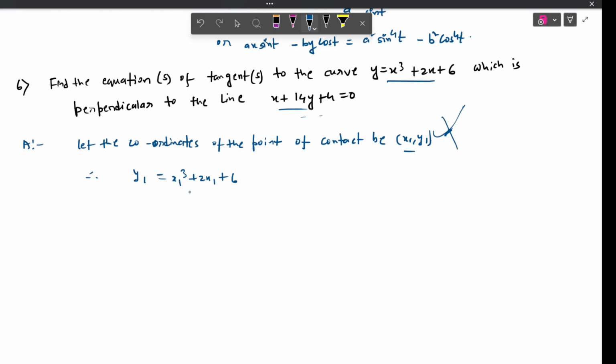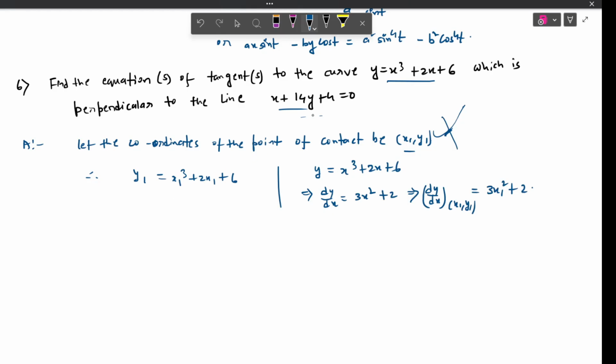And what should be the slope? The curve equation is y equals x cube plus 2x plus 6, so dy by dx should be 3x square plus 2, right? So slope at x1 comma y1 should be 3x1 square plus 2, right?